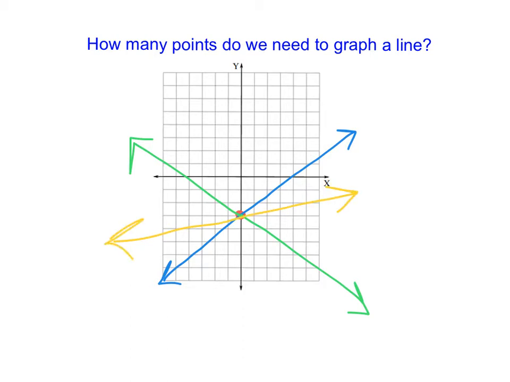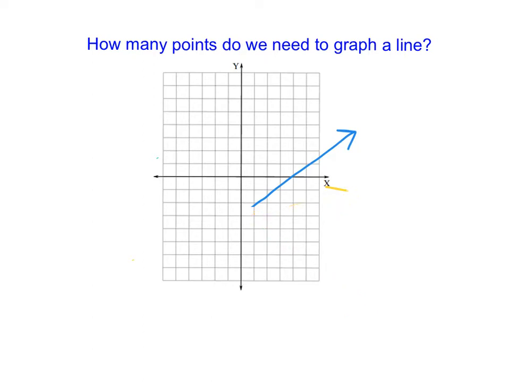So 1 point isn't enough to draw a single line, because with 1 point we can draw an unlimited number of lines through it. We know that for a fact because we can draw multiple lines through a single point.